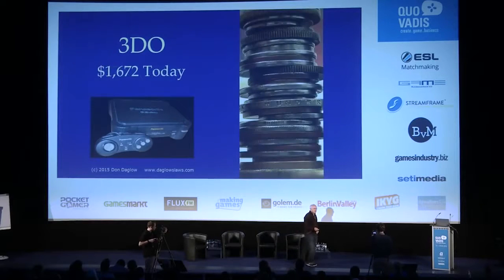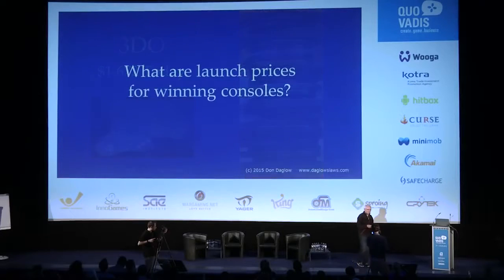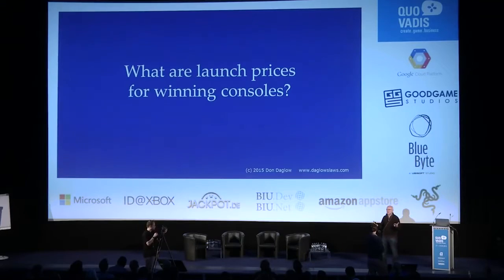And what that meant is, in today's dollars, $1,672 for a video game console. It was also unsuccessful, in part because of its price, and in part because the PlayStation 1, the original PSX, filled that same function. And so it became the first great CD machine, and the 3DO was unsuccessful. So these are 2 cases of machines that were not successful.